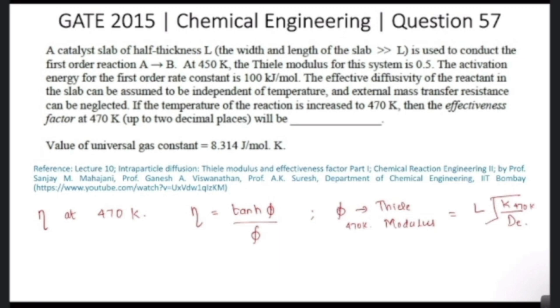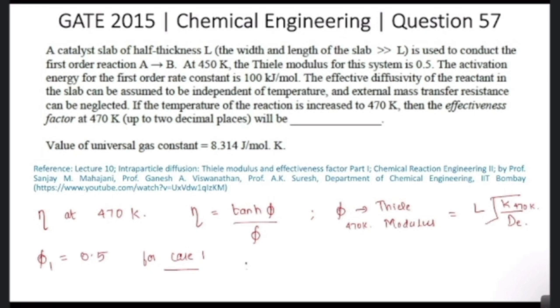So let us write down the data they have given us in this question. The first data they have given is that the Thiele modulus is equal to 0.5. Let's say this is the Thiele modulus for case 1. So Thiele modulus phi 1 is equal to 0.5.